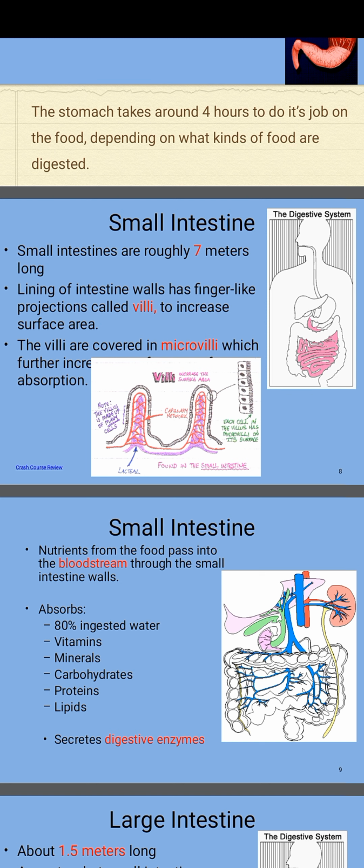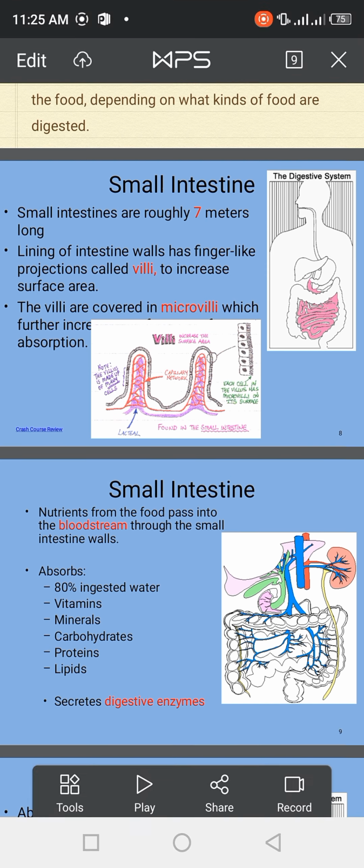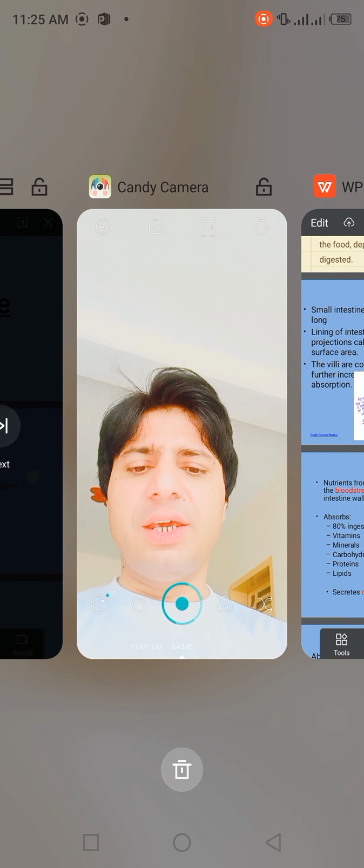If you talk about the small intestine, absorption is occurring there. The small intestine is 7 meters long in a normal body.